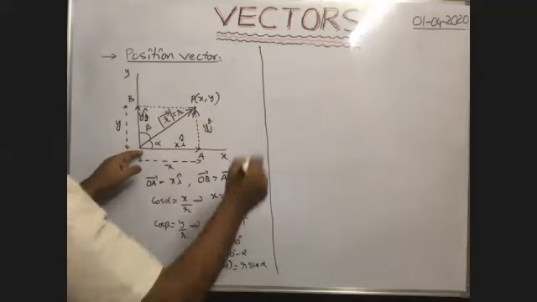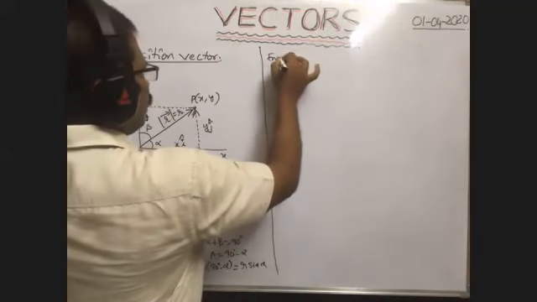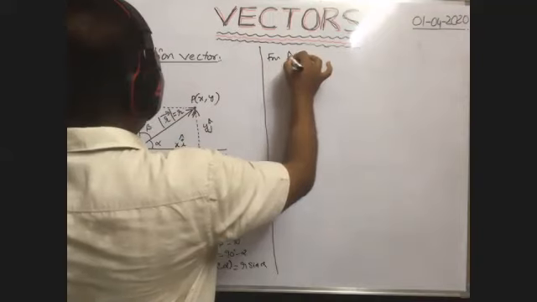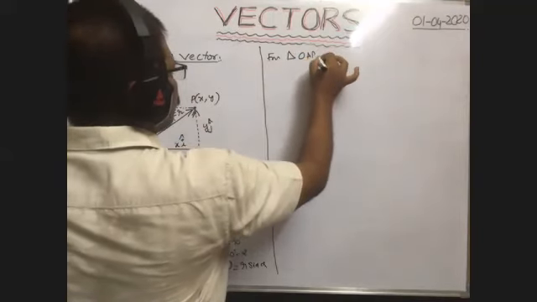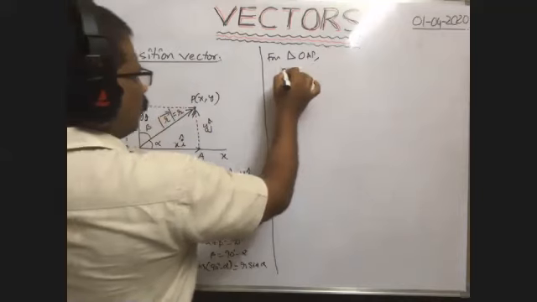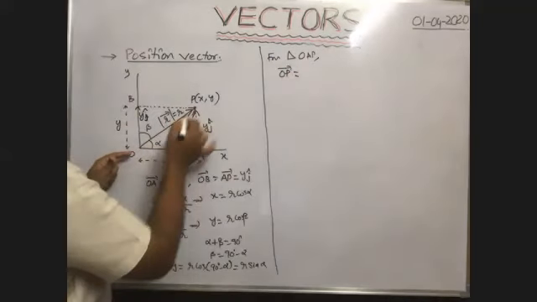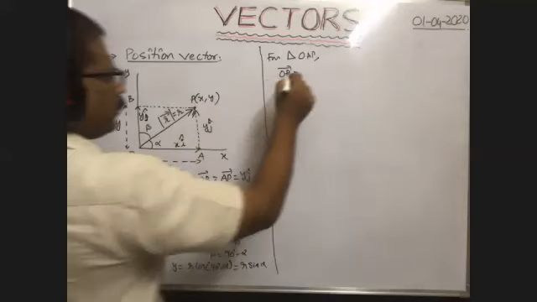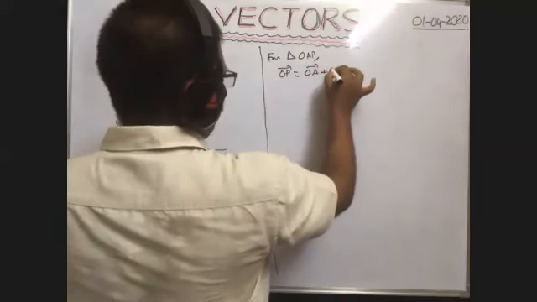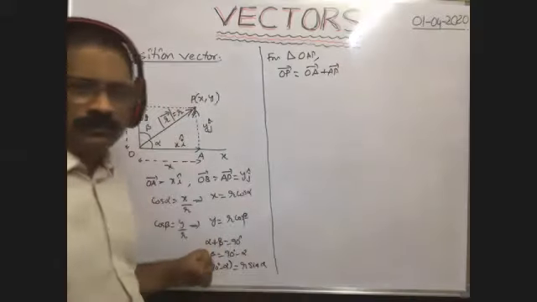So from the diagram, from right angled triangle OAP, OP bar is equal to OA bar plus AP bar, we can write now. Okay, are you following?